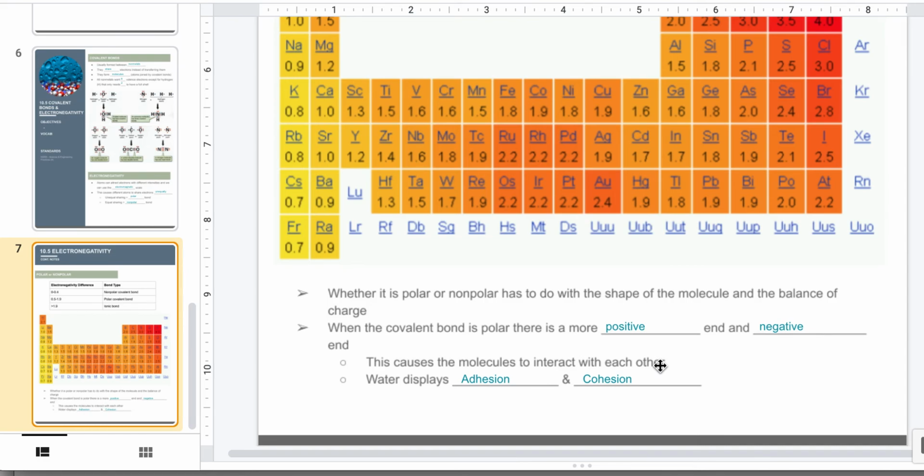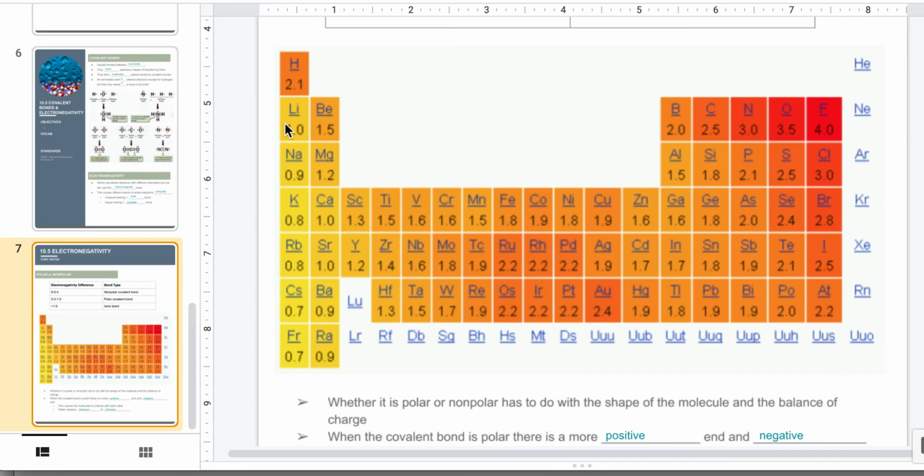So water is a perfect example of this. Water has kind of a bent shape, kind of like a triangular shape if you've ever seen a molecule drawn out of water, where you have oxygen and then a hydrogen and a hydrogen attached to it. Hydrogen actually has an electronegativity of 2.1.